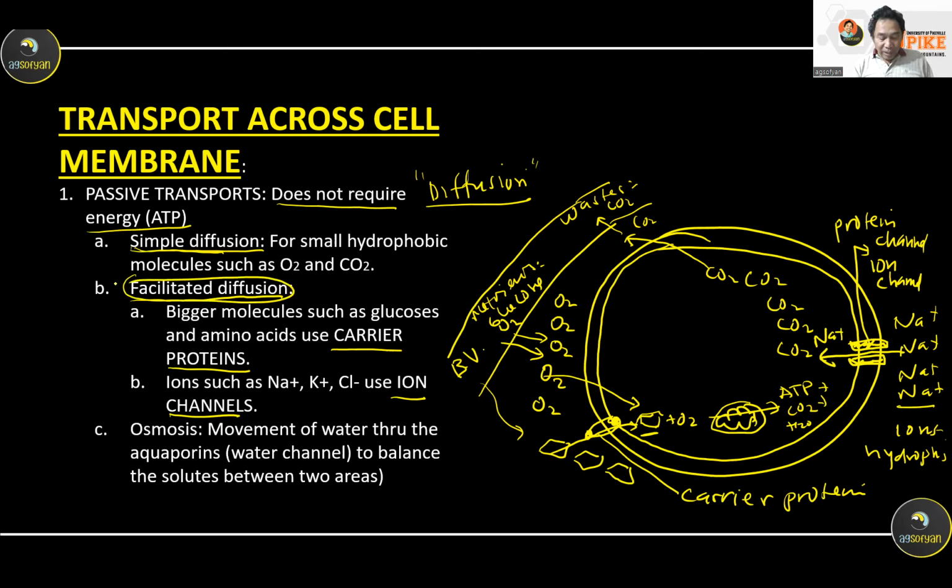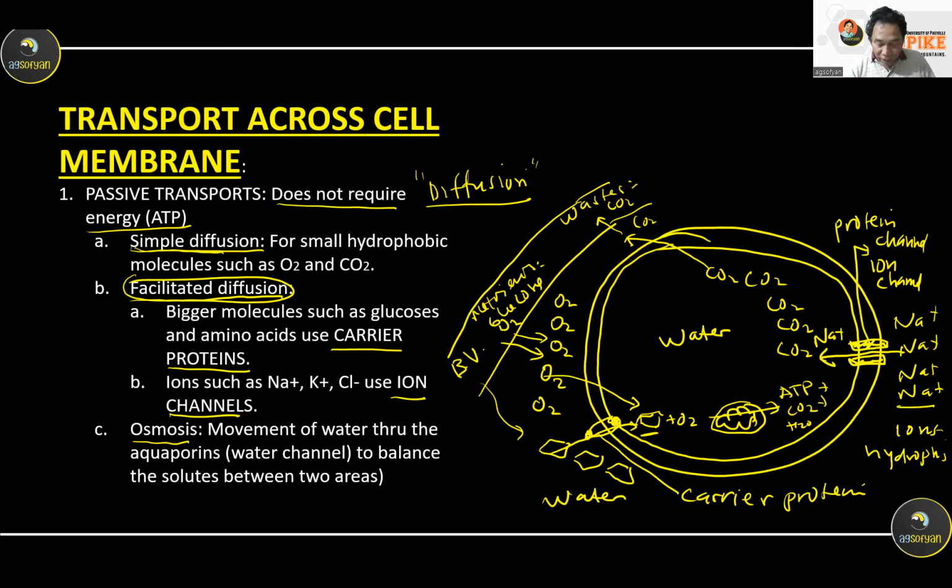Okay. Now, osmosis. How about osmosis? Osmosis is a special movement for water. Remember, we have water inside and we have water outside. Now, where will the water go? That's the question. The water will always go from a lower solute concentration to a higher solute concentration.